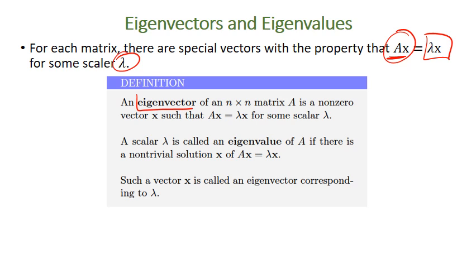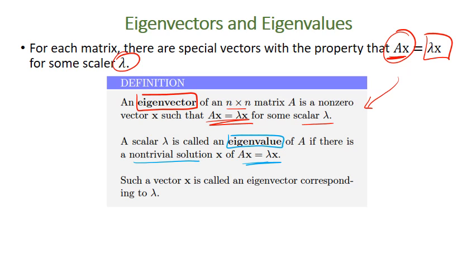An eigenvector of a square matrix is a non-zero vector such that AX is equal to lambda X for some scalar lambda. Okay, so that's basically what we just said. The scalar lambda is called an eigenvalue of A. And that will take place if there is a non-trivial solution for this equation.